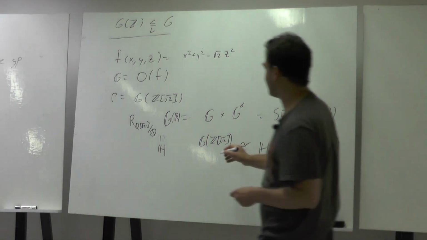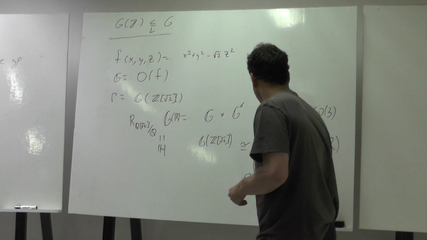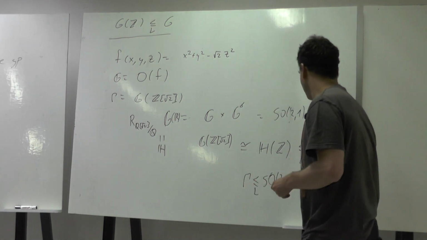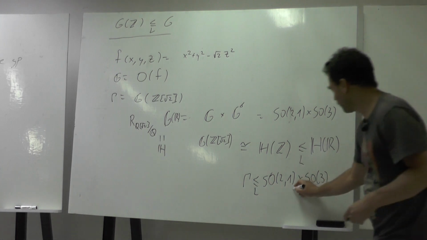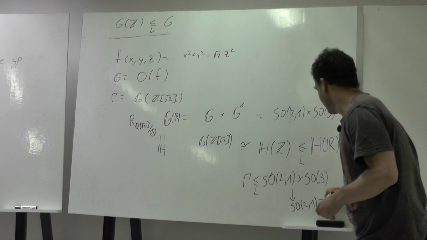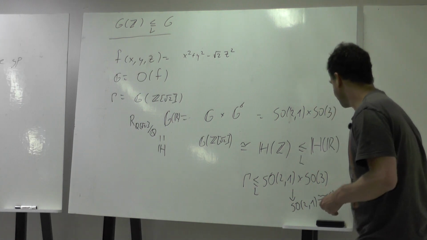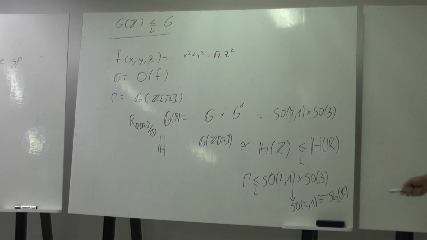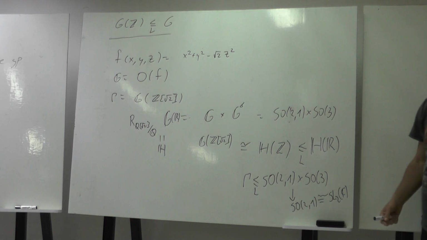So if we call it gamma, then gamma is a lattice in SO(2,1) cross SO(3). But this is a compact group, so we can project it to a lattice in SO(2,1), which is basically isogenous to SL2, a group of isometries of hyperbolic space.